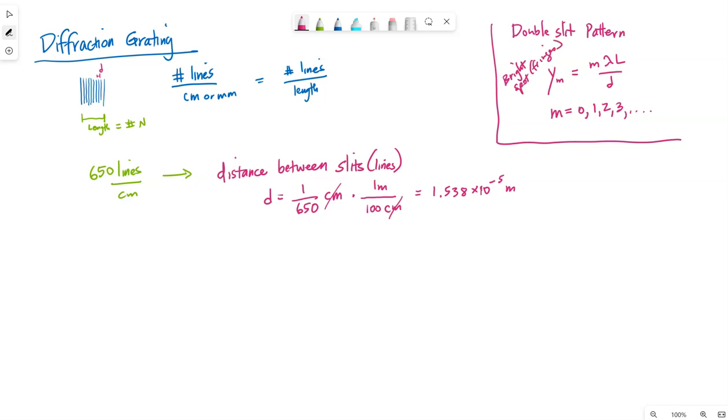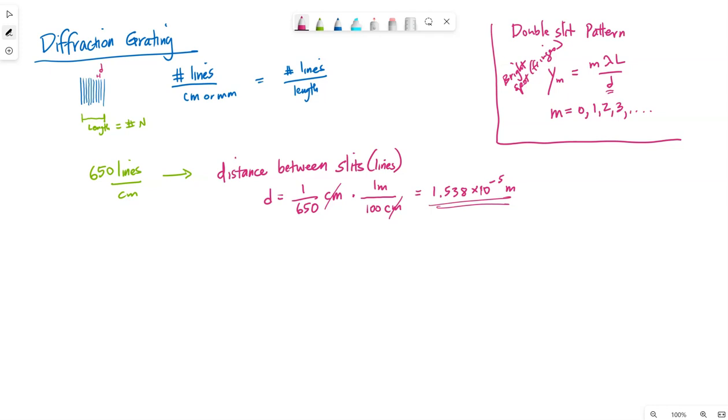M equals 1 was the distance to the first bright spot on either side of that central max. D down here was the distance between the slits. If d was small, y was big. So essentially, with this diffraction grating, not only do we have more slits, but these slits are really, really close together.